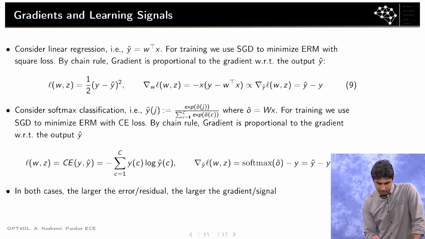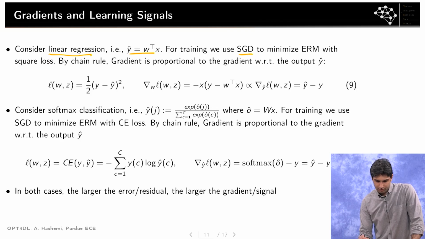To do that, let's consider linear regression first. As I mentioned, for training, we use SGD to minimize the empirical risk minimization problem. We need the gradient of the loss with respect to the parameter to update the parameter. For linear regression, it's very simple calculus to show that the gradient follows this expression.